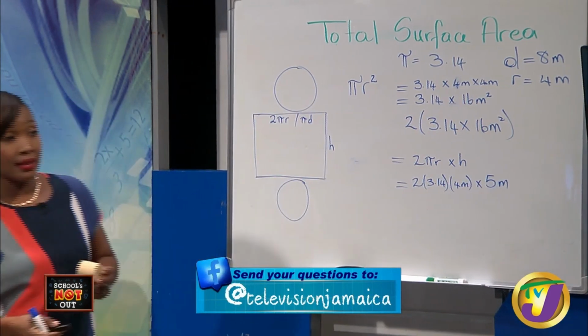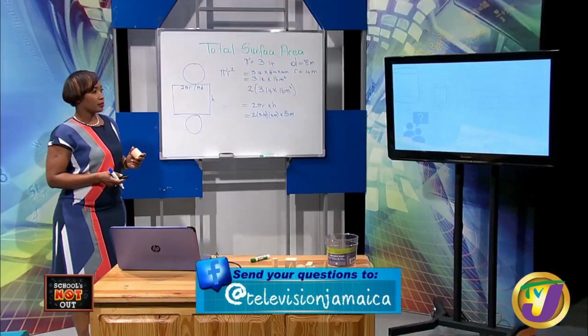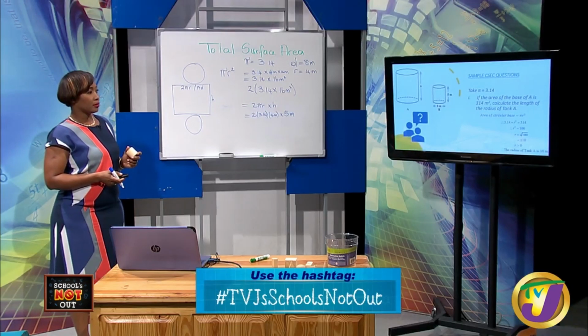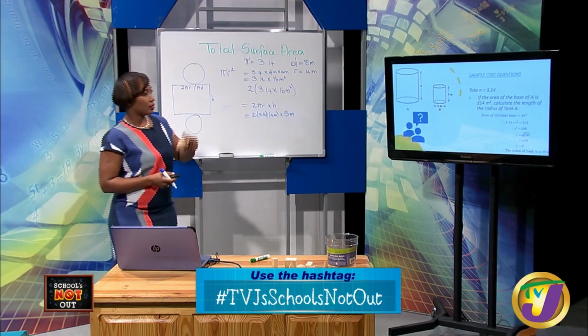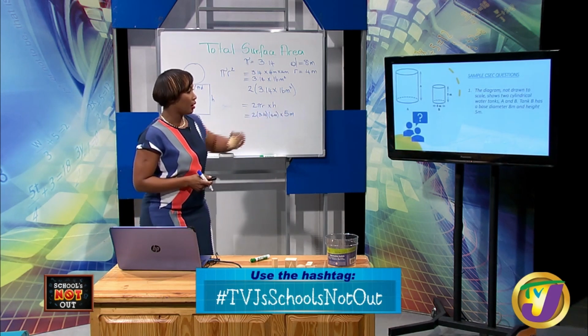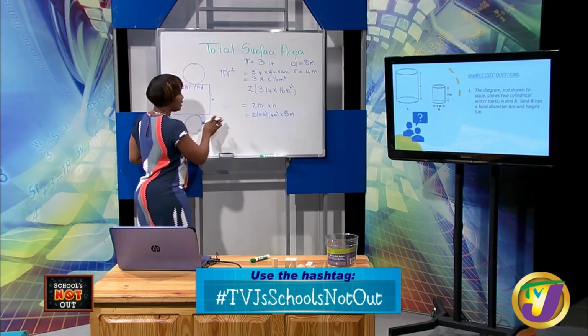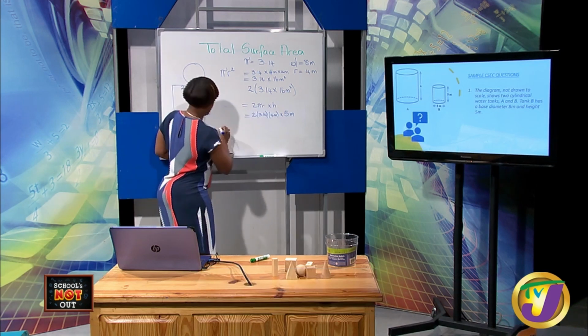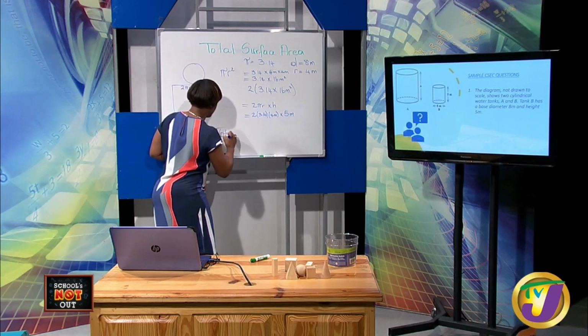So now let's look at it. That is if you are finding the area of the entire cylinder. And so let's write up what our total surface area is.